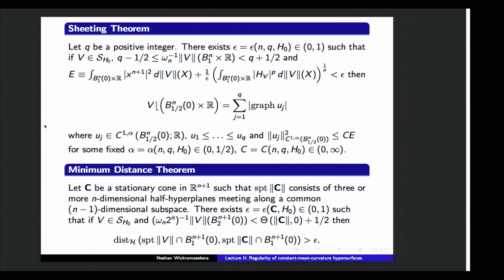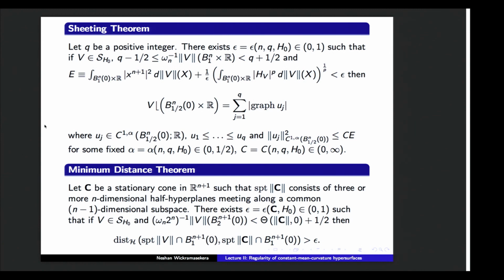So the first one is called a Sheeting Theorem, which says that, essentially, the assumption here is that there's a certain quantity which I call E here.